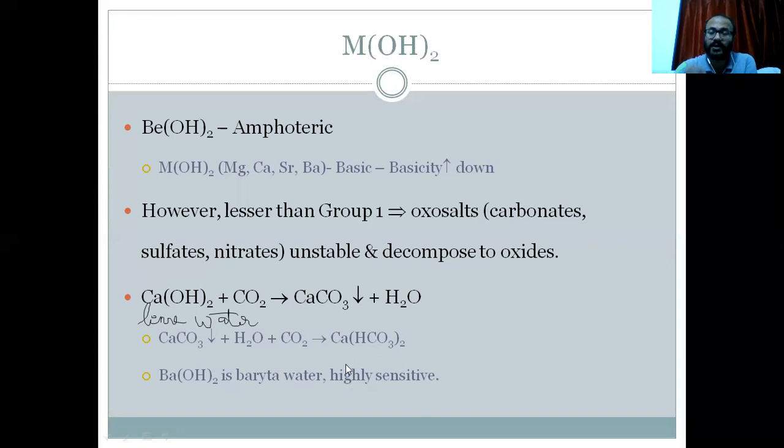Even your breath, your inhalation and exhalation, is enough to make it turbid. So if you use baryta water for the detection of carbon dioxide, it can give a wrong indication because your breath itself can give turbidity in the solution. That is why we don't use baryta water for the detection of carbon dioxide, but rather lime water.